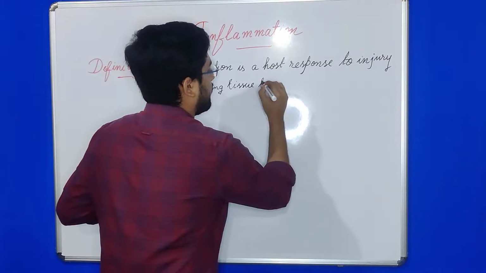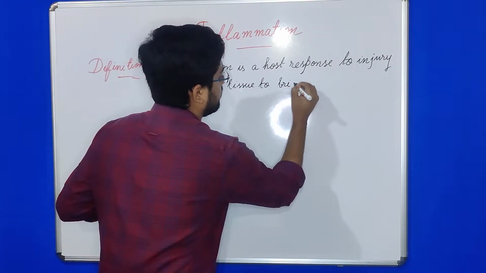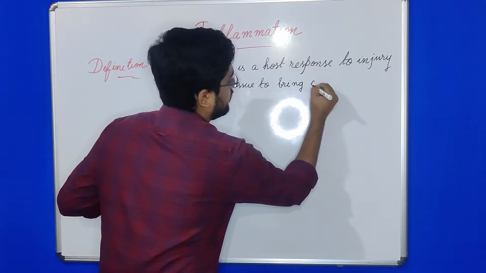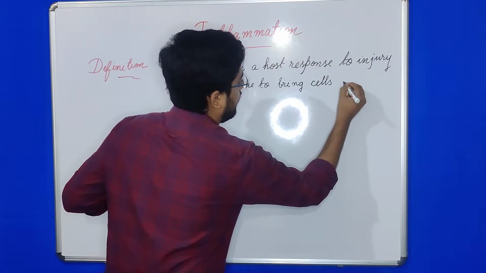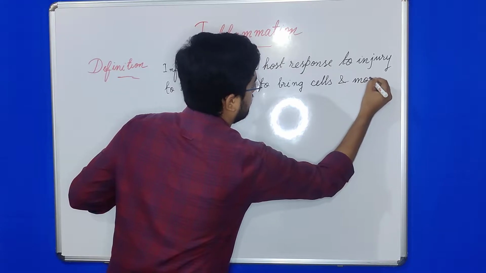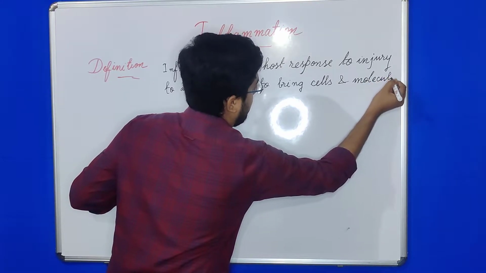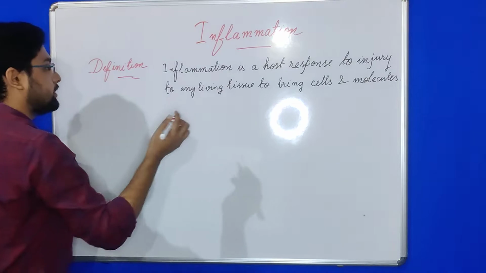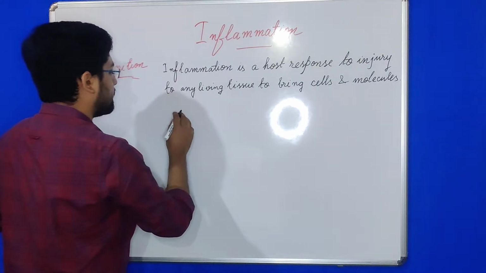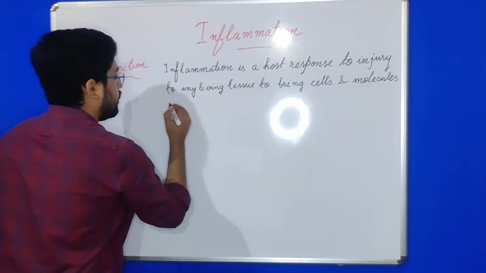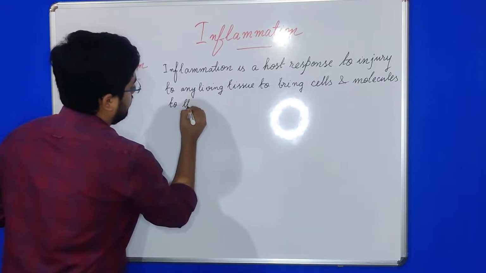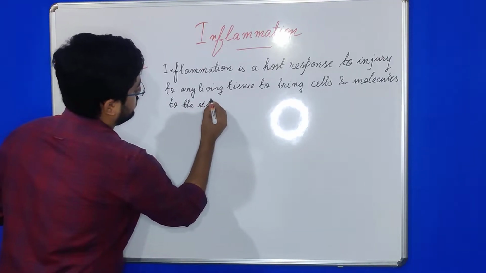How and why? To bring cells and molecules like WBCs, like plasma proteins, to the site of injury.